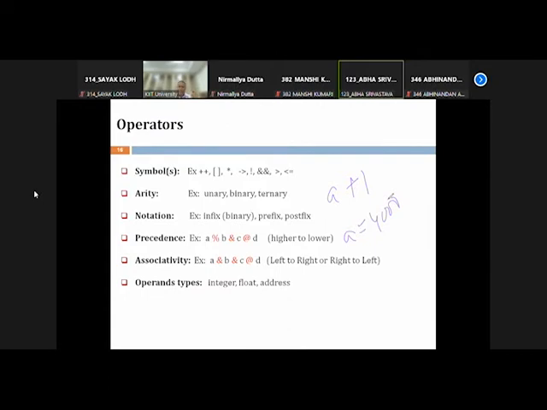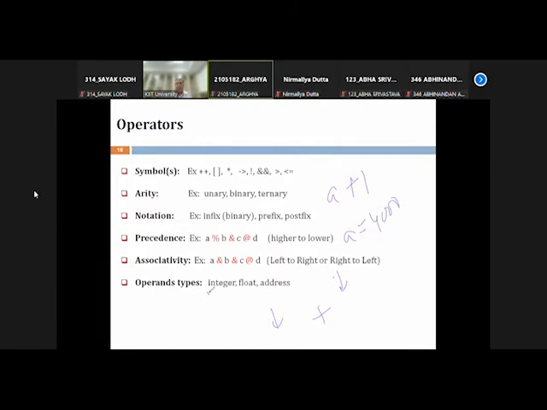I didn't tell what will happen if I add to an integer, to an address, or to a character. But my question here is whether addition accepts these types of operands or not. That I need to understand: which types of operands the operator takes. If it can take them, then the statement is a valid statement. Understood?